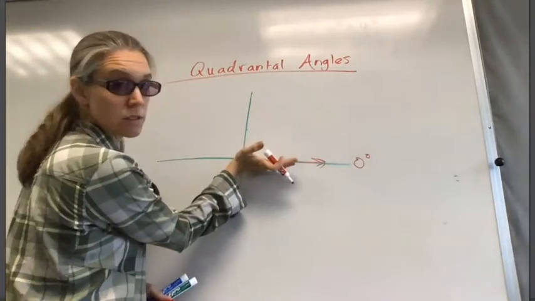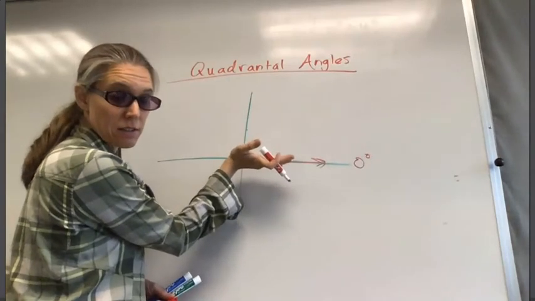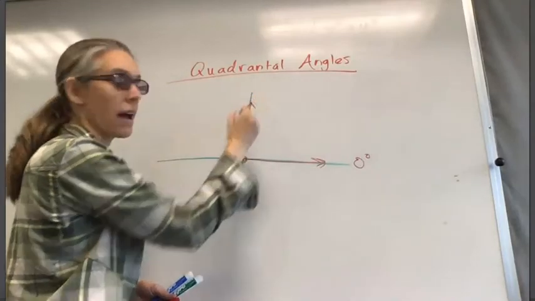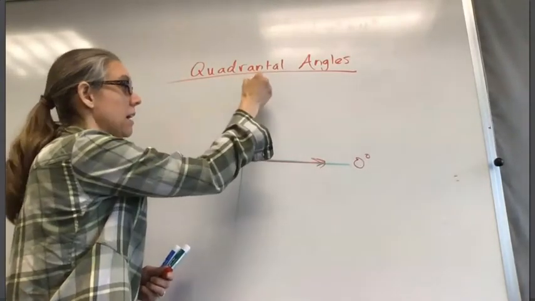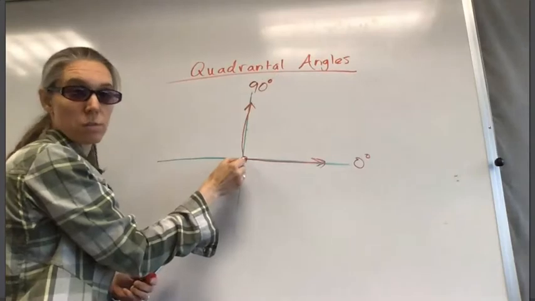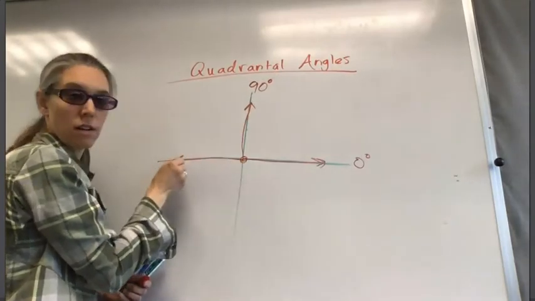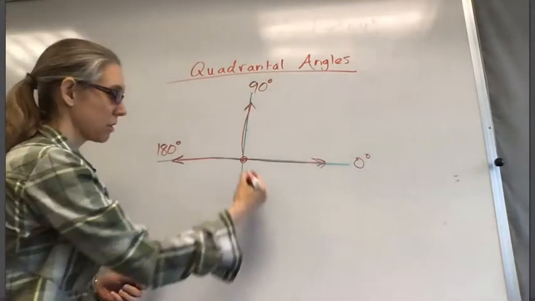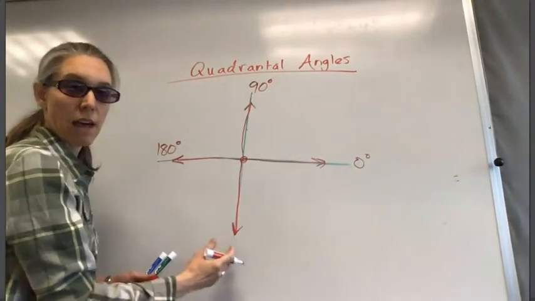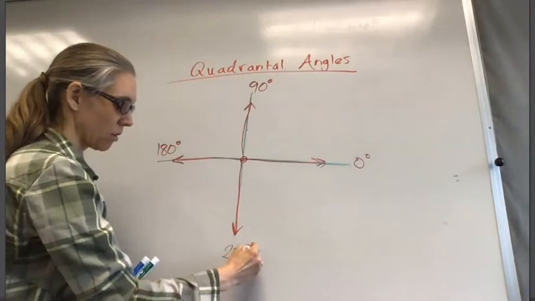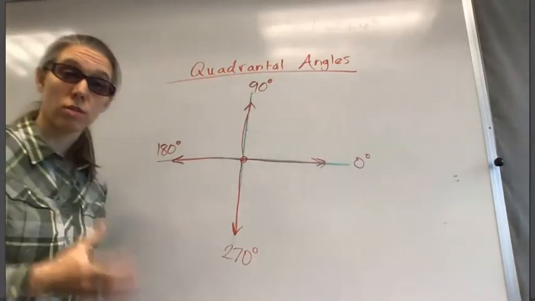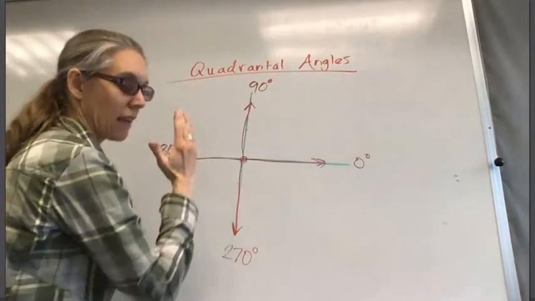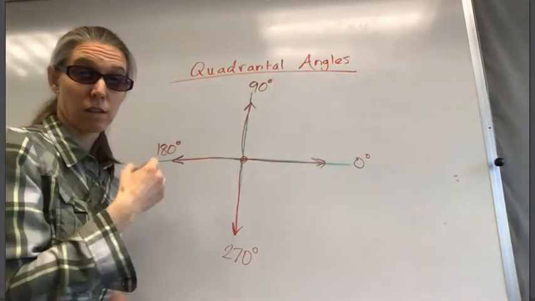If the initial side is on the positive x-axis and the terminal side is the positive y-axis, then that would be a 90-degree angle. If the terminal side is over here, that would be a 180-degree angle. And if the terminal side is down here, that is a 270-degree angle. And these are quadrantal angles because they end up on one of the axes, not in a particular quadrant.